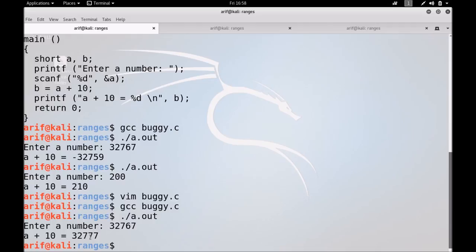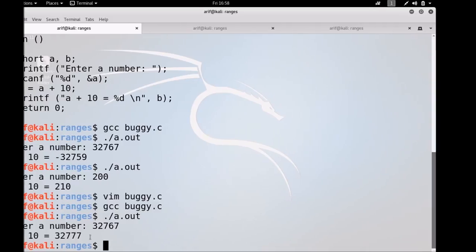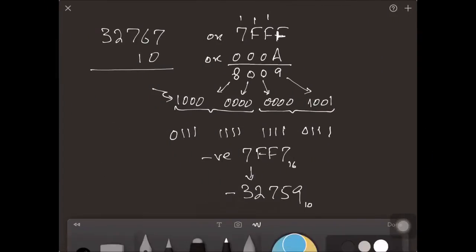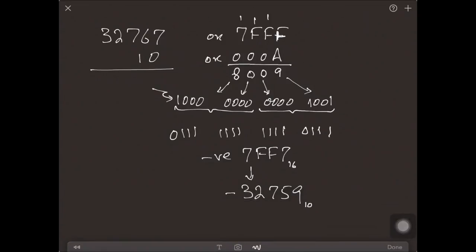Right, students, for integer numbers, let me take the board again and let me change color as well. For integer numbers, we can detect an overflow after an addition operation. How can we detect an overflow?